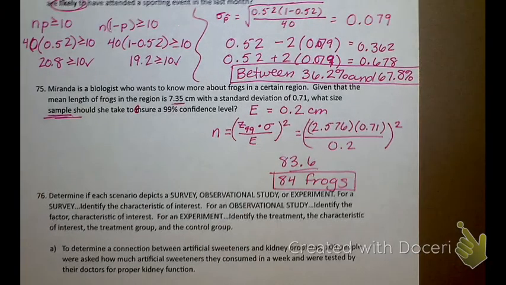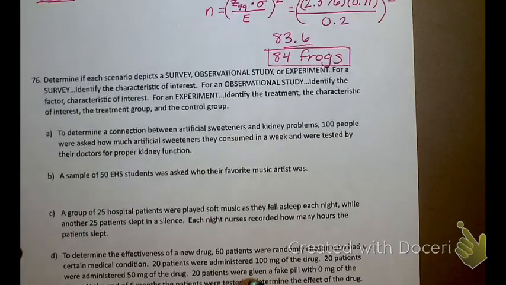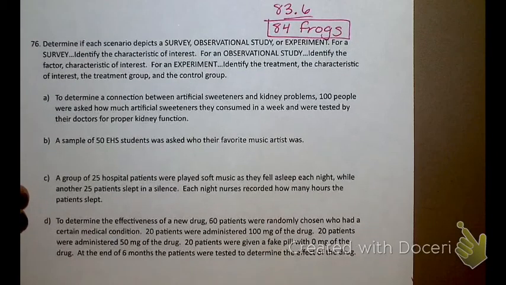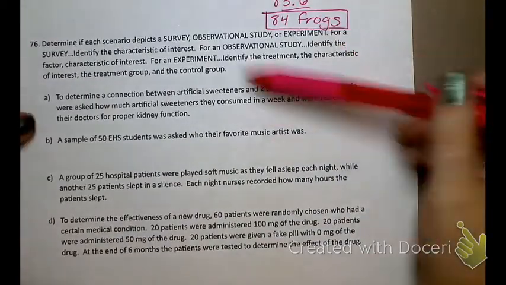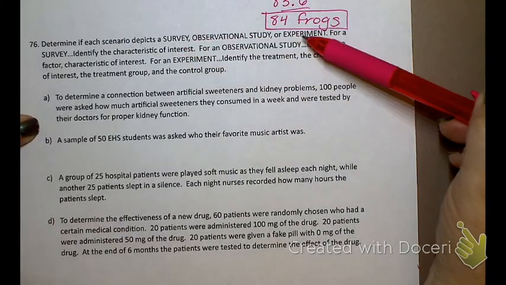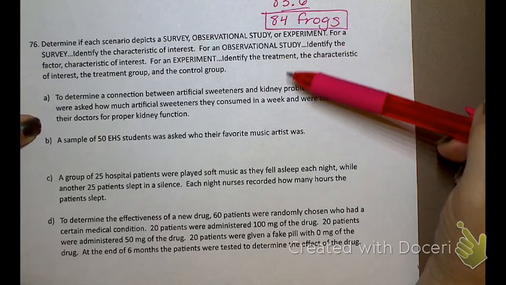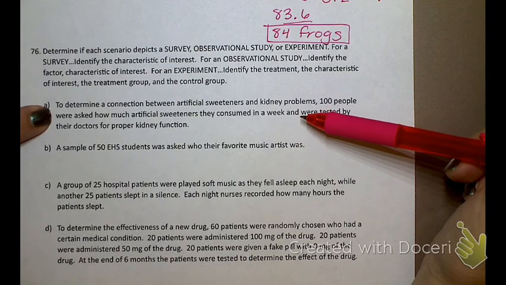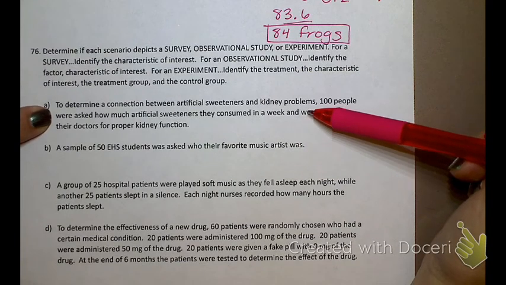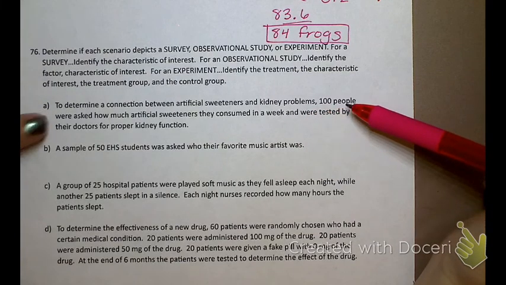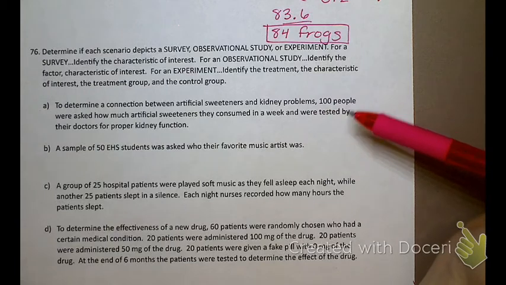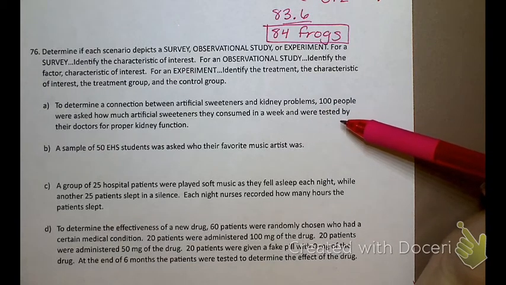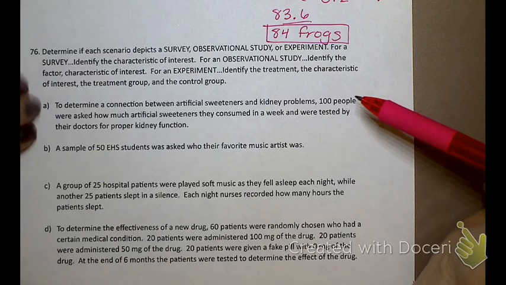Okay. All right. Last problem here. We don't need to do any calculations. We do need to identify, is it a survey, an observational study, or an experiment, and then identify the appropriate information. So, first one, to determine a connection between artificial sweeteners and kidney problems, 100 people were asked how much artificial sweeteners they consumed in a week and were tested by their doctors for proper kidney function.